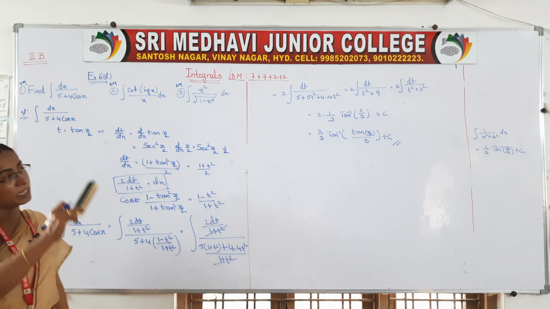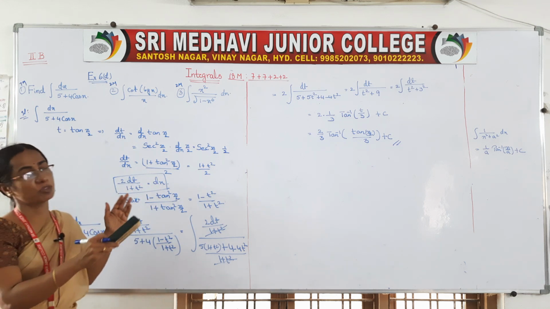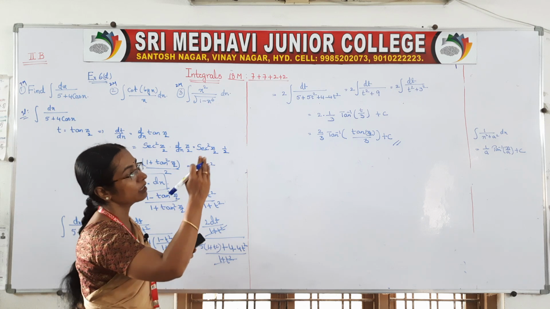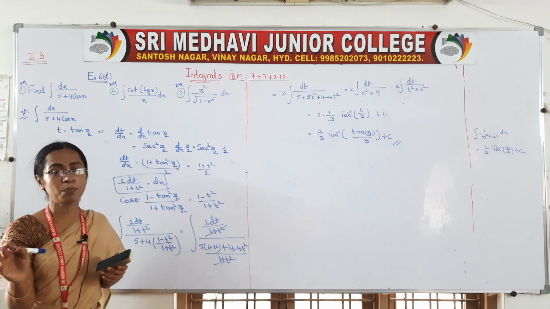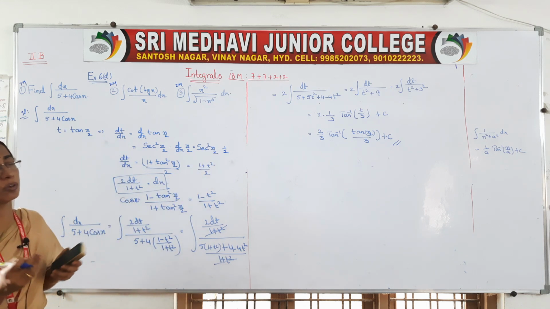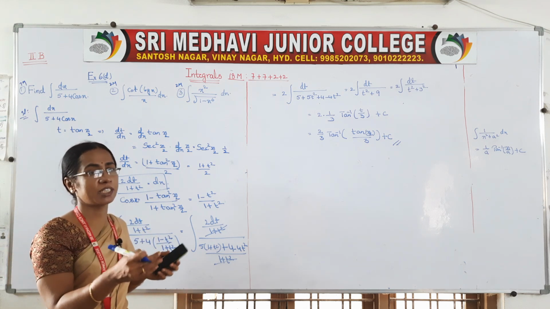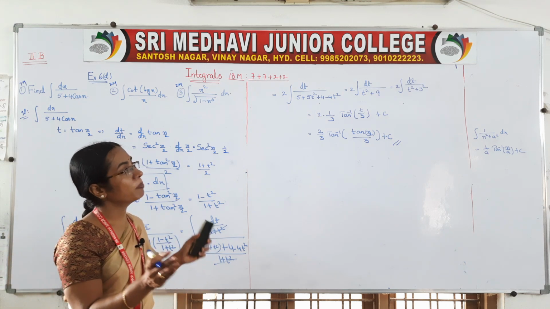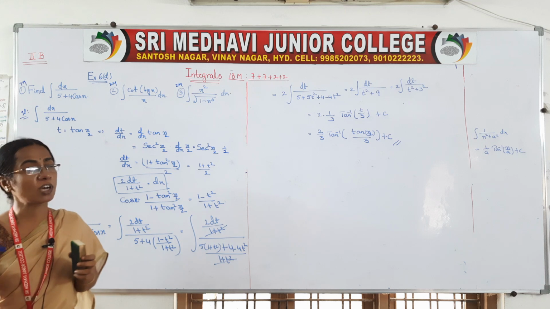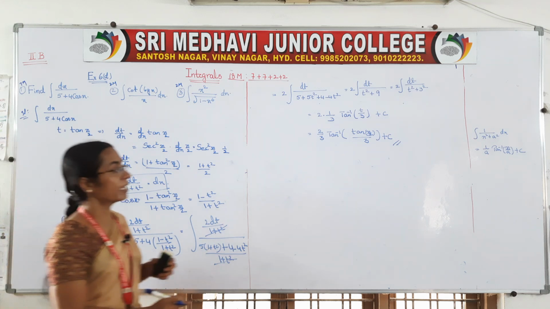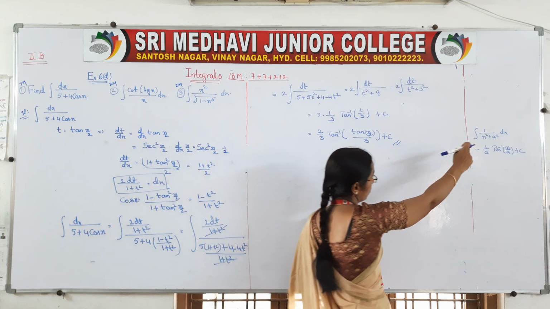At the end, after substituting, we will get one standard formula of integrals in all problems. By applying this working rule, at the end your problem will be in one of the standard integral forms. Now we got this form.